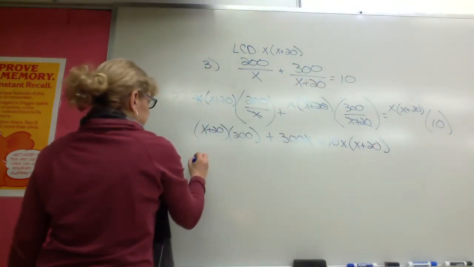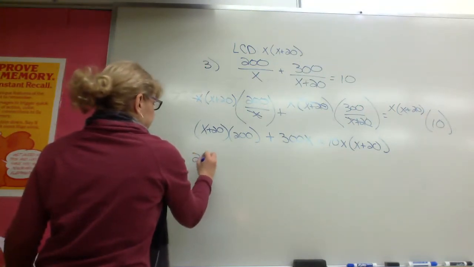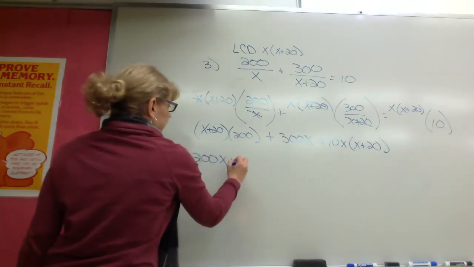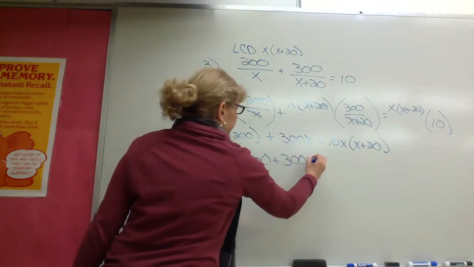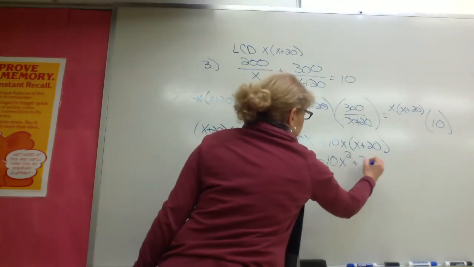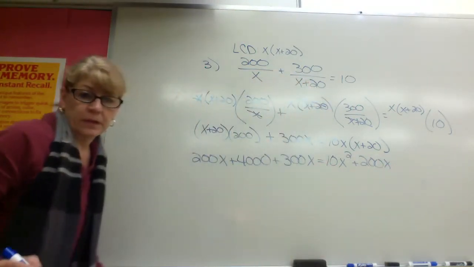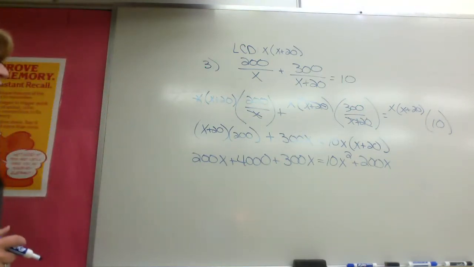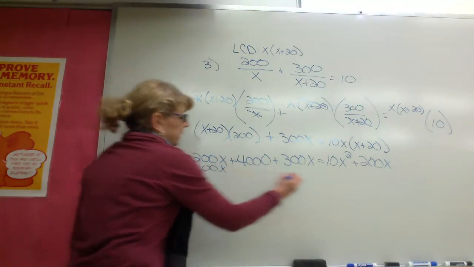So this will give me, when I multiply this, 200x plus 4,000 plus 300x equals 10x squared plus 200x. Okay, so I can subtract 200x from both sides. They will then cancel.